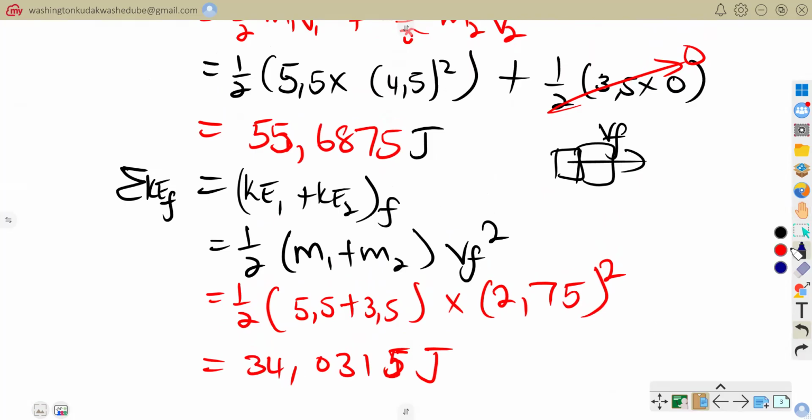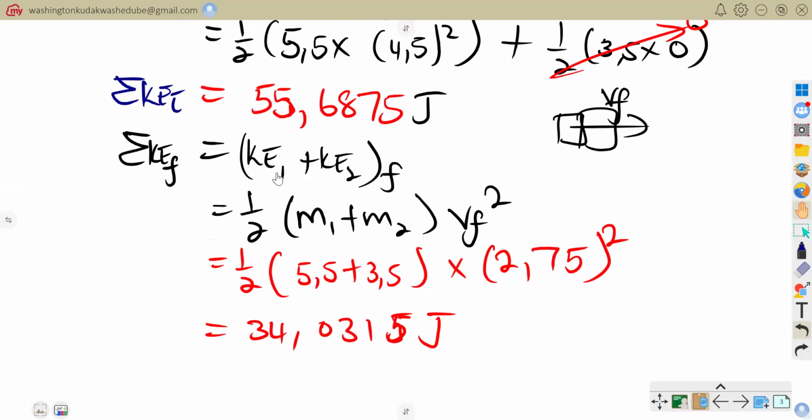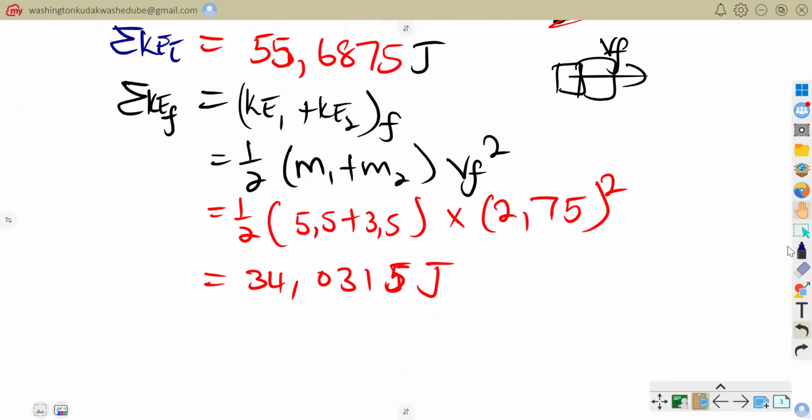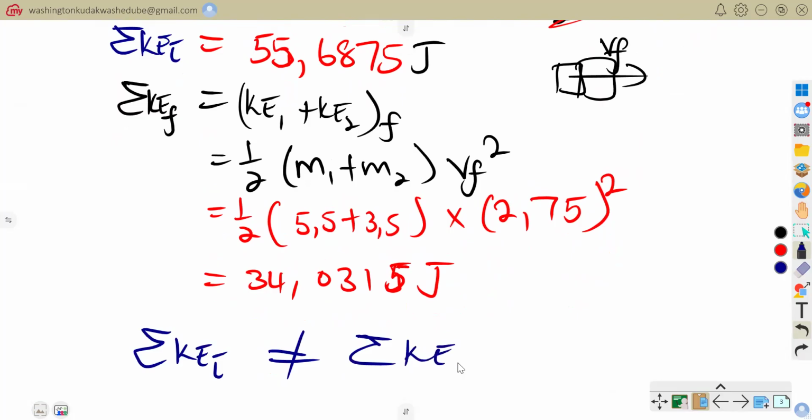You can see that total kinetic energy before is equal to that value, and total kinetic energy after is equal to that value. These two values are not equal. So you have to say total kinetic energy initial is not equal to total kinetic energy after.